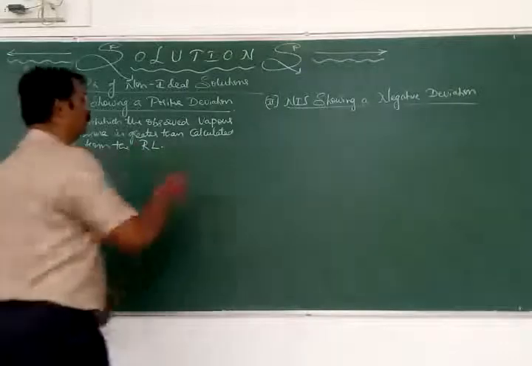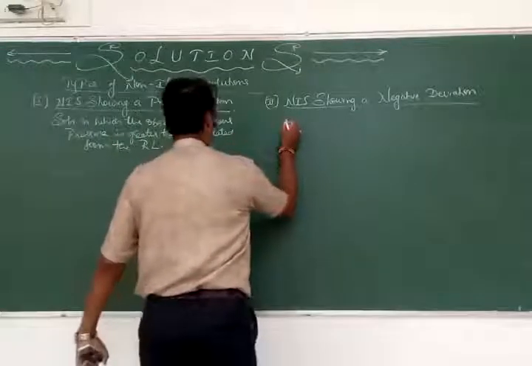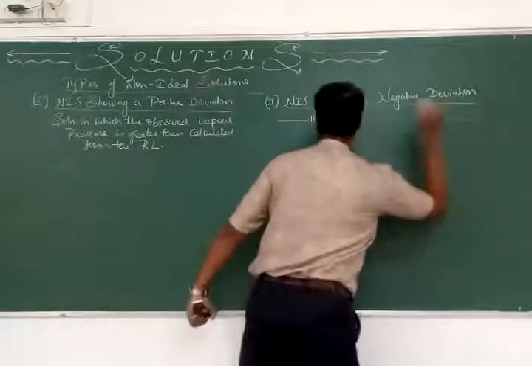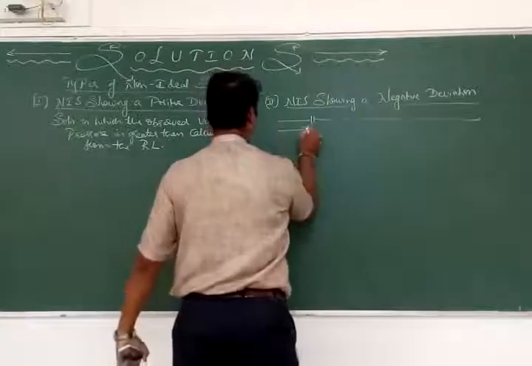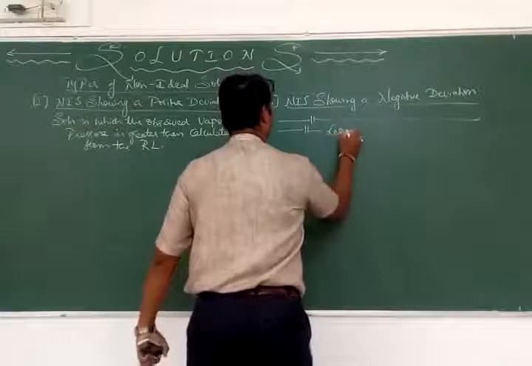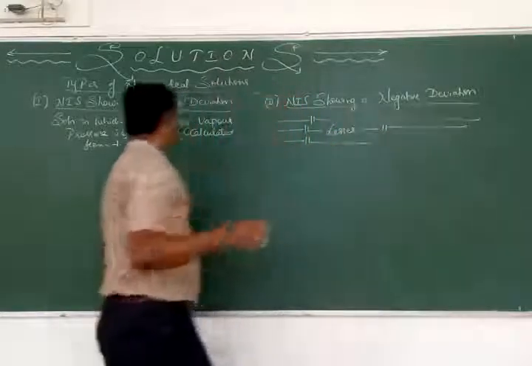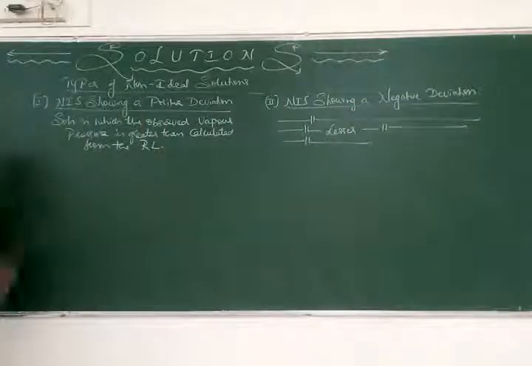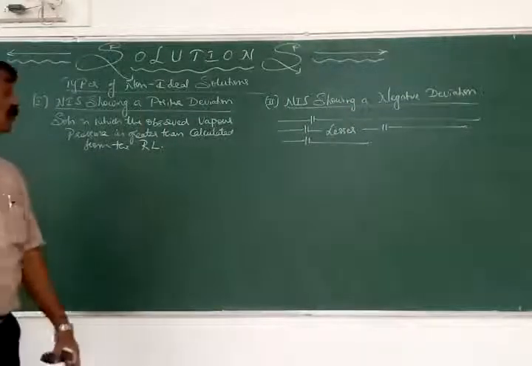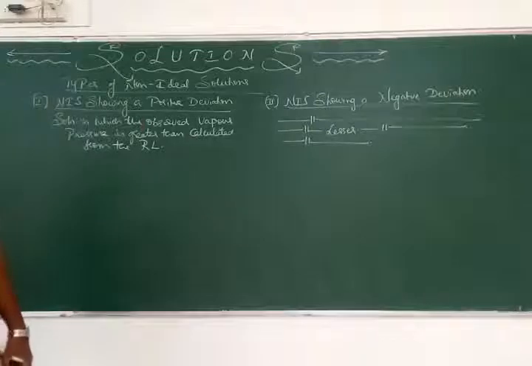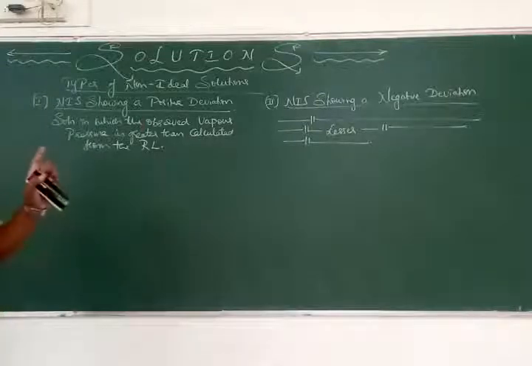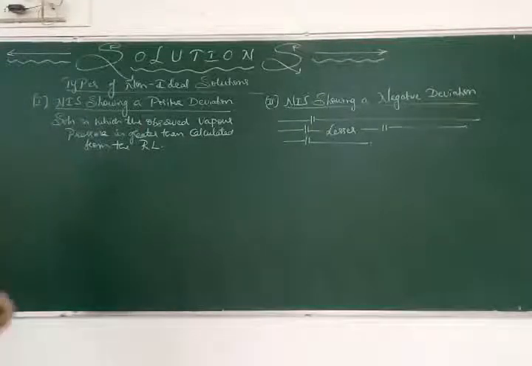The same thing here. If the observed vapor pressure is lesser than expected from Raoult's law, it is called a non-ideal solution showing a negative deviation. So first, it is the definition. What is a non-ideal solution showing a positive deviation?